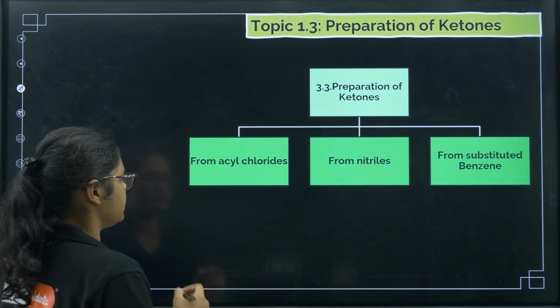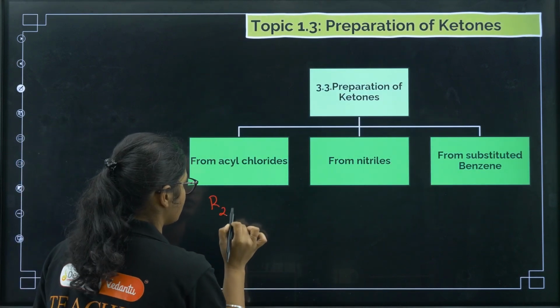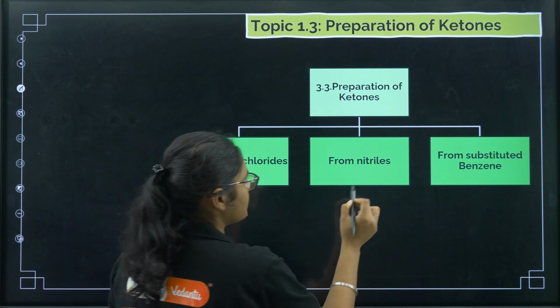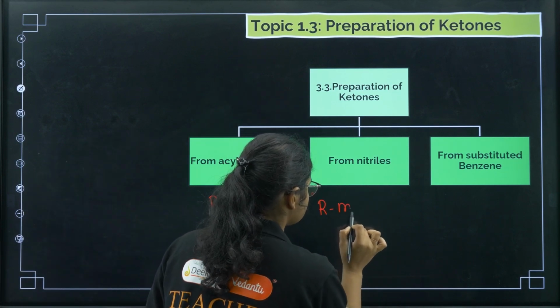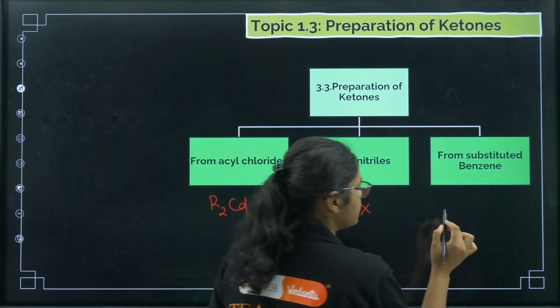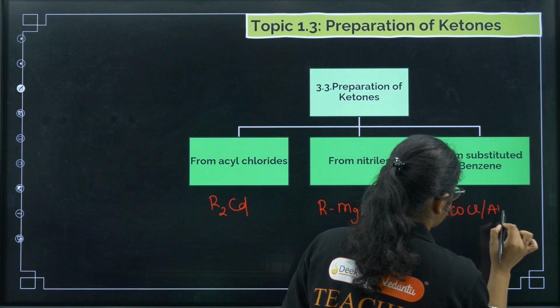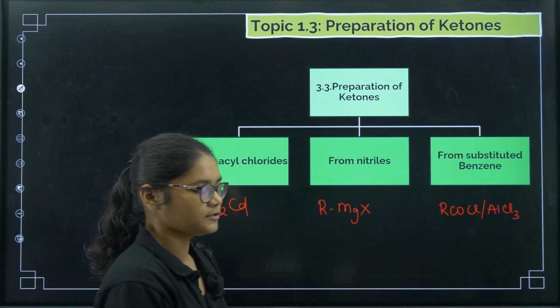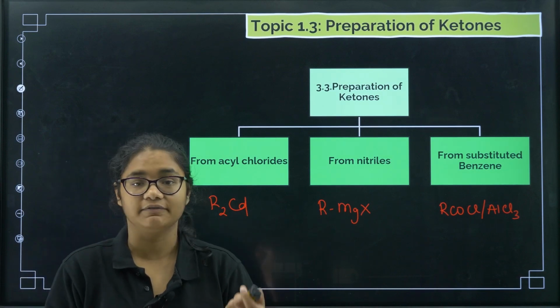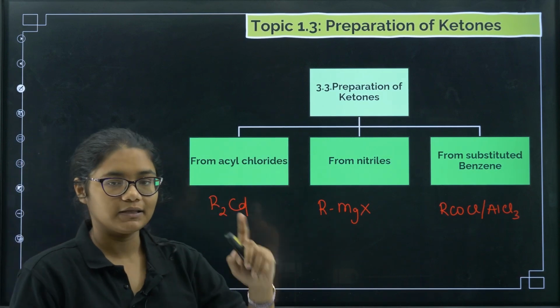Let us revise here. From acyl chlorides we need R2Cd, from nitriles we need RMgX, and with benzene we need RCOCl in presence of AlCl3.